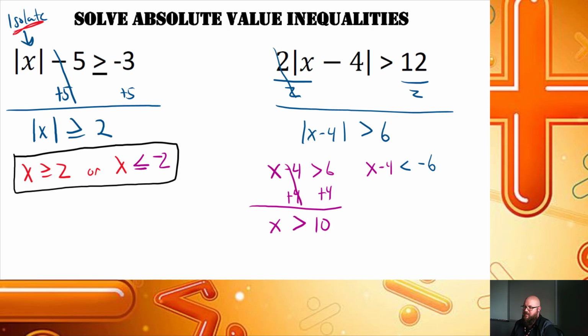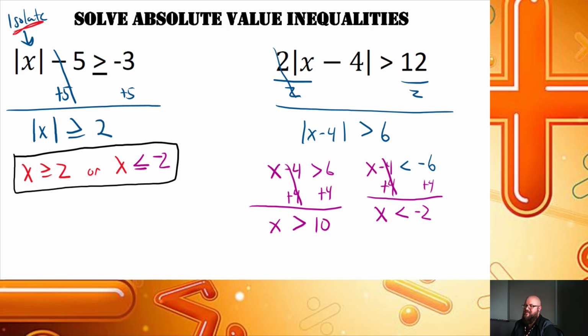For this next one, x minus 4 less than negative 6, we're still going to add 4 to both sides to get rid of that 4. So we'll be left with x, these 4's will go away, less than, so x less than, and then we have negative 6 plus 4, which gives us a negative 2.